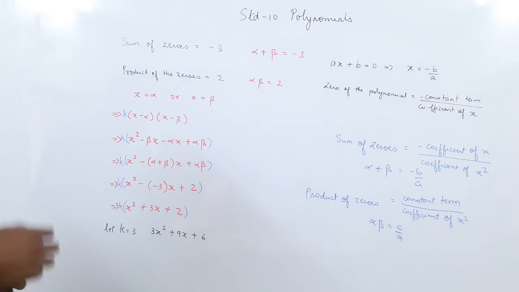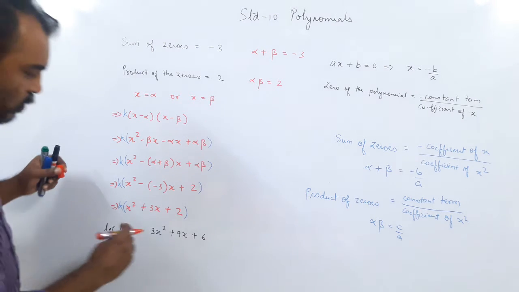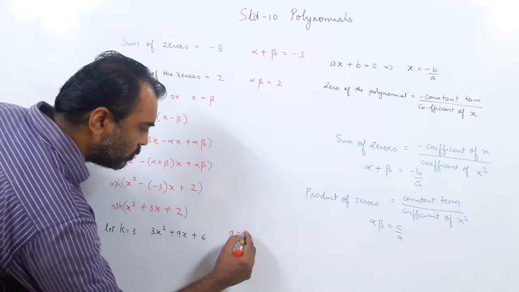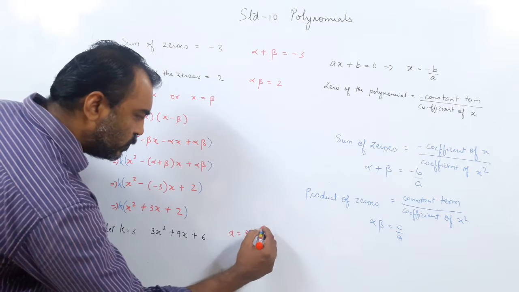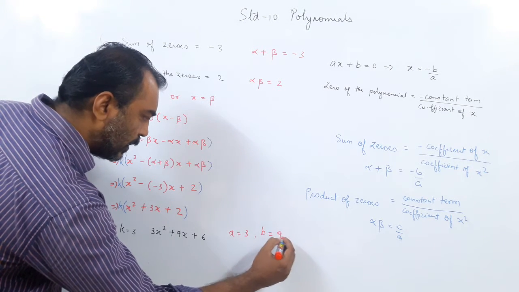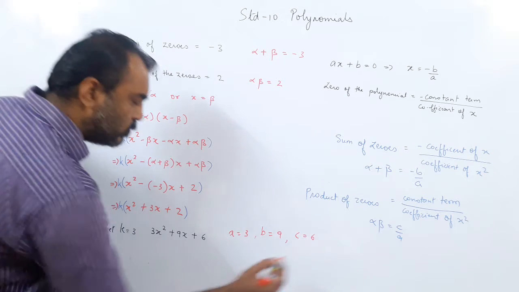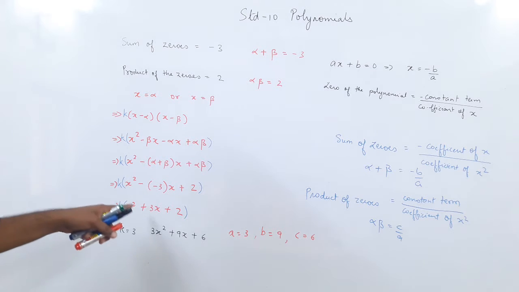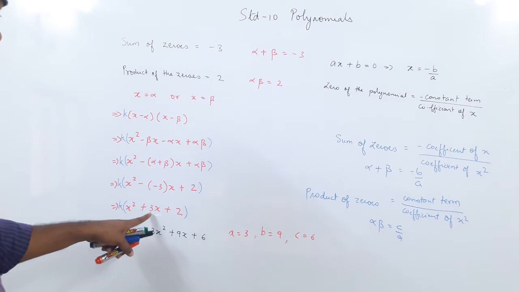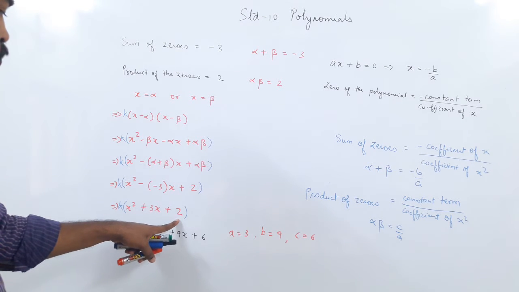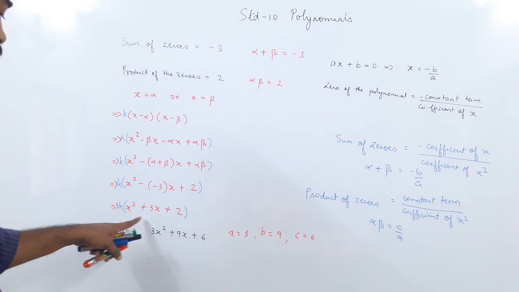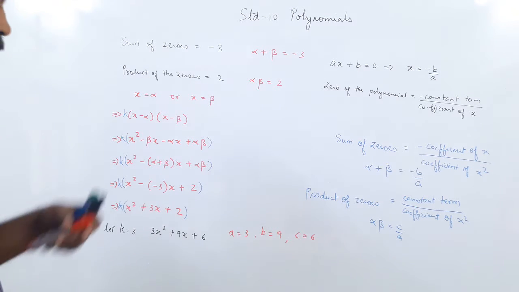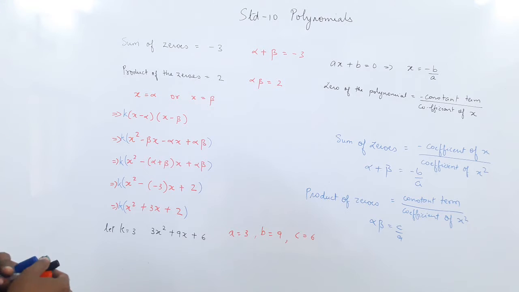Now, if we have done this, what is a equal to? 3. What is b equal to? 9. What is c equal to? 6. Now see, when we had a equal to 1, b equal to 3, c equal to 2, then alpha plus beta is minus 3 upon 1, that is minus 3, but here it is changed.